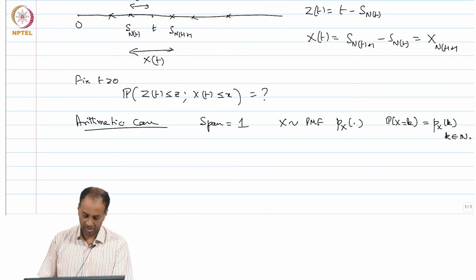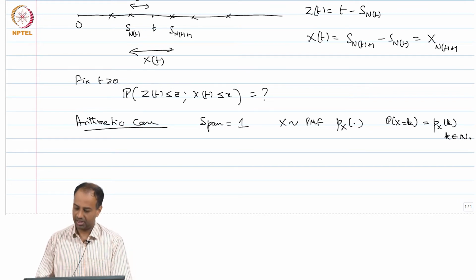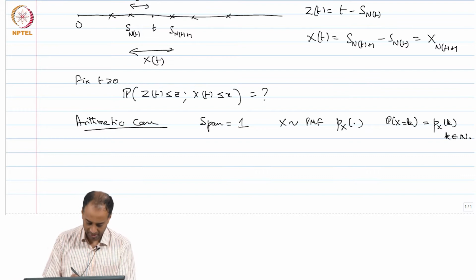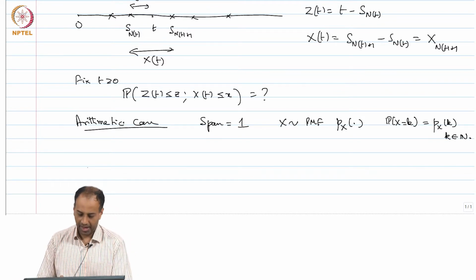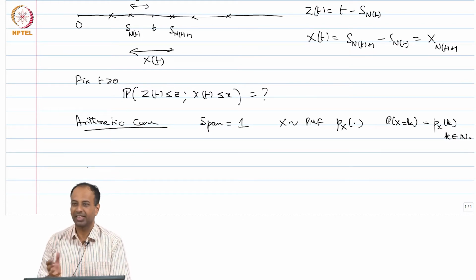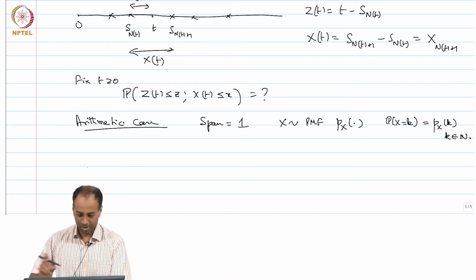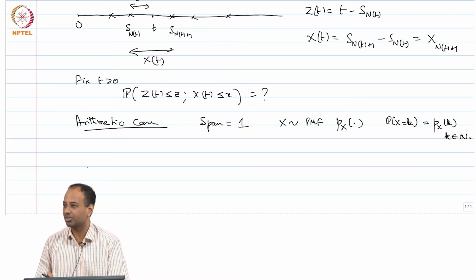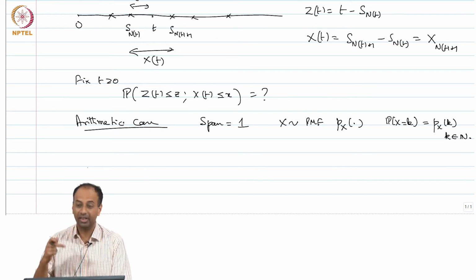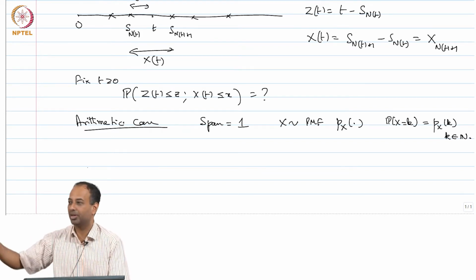Now, for this arithmetic renewal process, we will look at age and duration taking only integer values, because the whole process sort of becomes a discrete time process, right. You can actually forget about continuous time. Everything in the process happens at the embedded integer points.